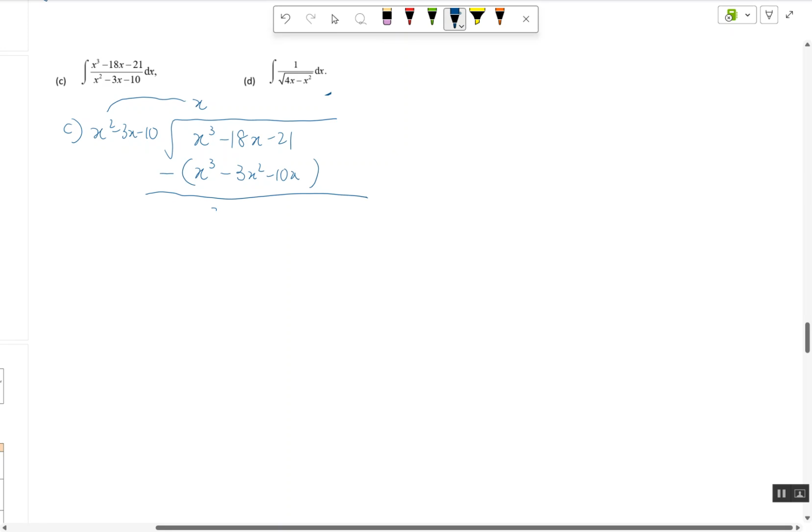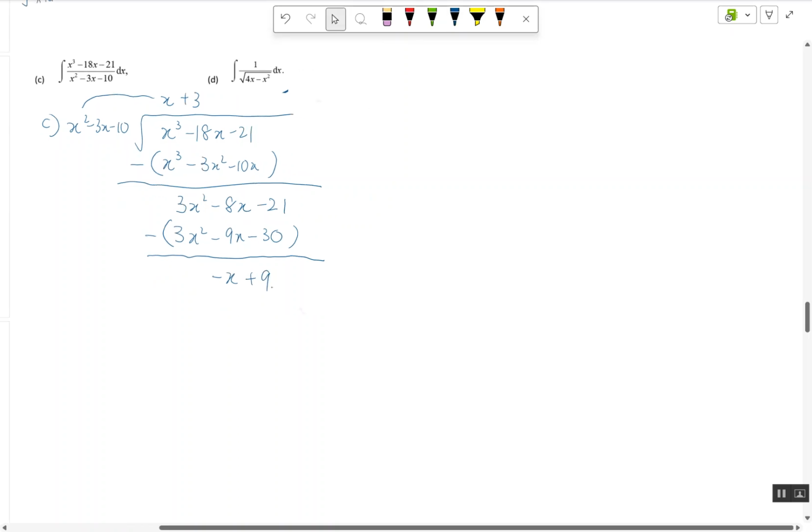Draw a line. You're going to get 3x squared minus 18x plus 10x, minus 8x minus 21. So you have a plus 3. I will get 3x squared minus 9x minus 30. Put a minus and a bracket over here. I'm just going to get negative x plus 9.